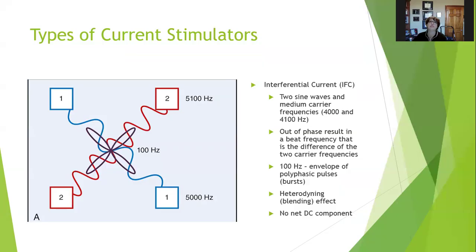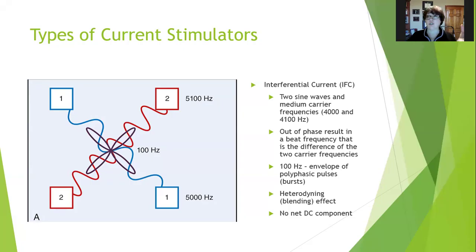Interferential current is one that you commonly see in the clinic. It's not usually in home units, although there are some home IFC units you can get now. Basically, you have two frequencies, a carrier frequency and a cross frequency. The frequencies cross and are out of phase, which results in a beat frequency that's the difference between the two carrier frequencies.